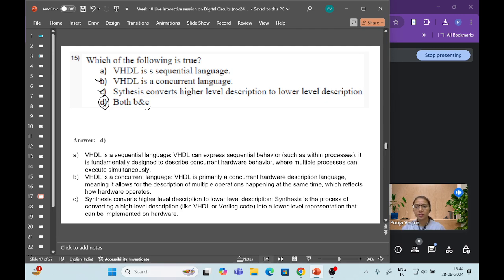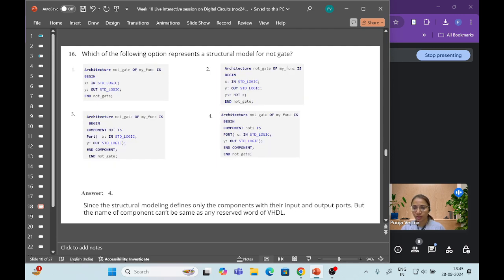That is, VHDL is a concurrent language and synthesis converts higher level description to a lower level description. Okay, moving to the next question.